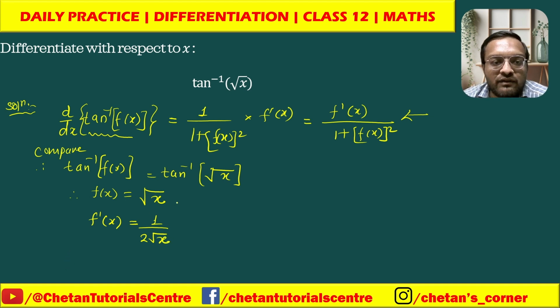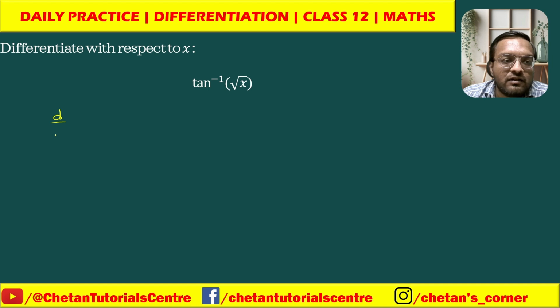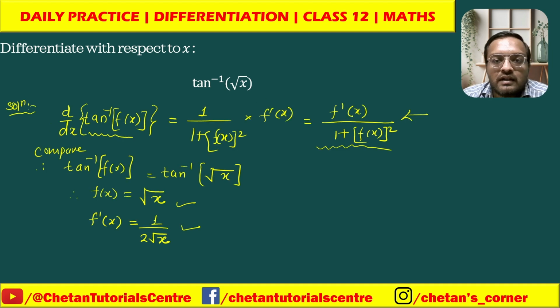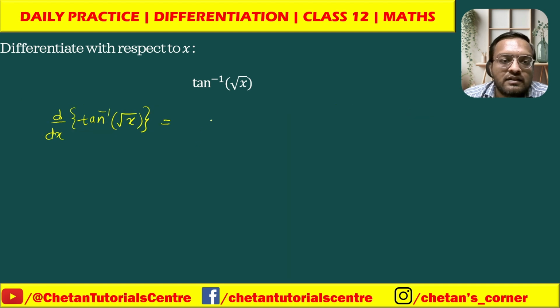Now I know the value of f of x and f dash of x. So I will put these values in the given formula. Then what will I get? Derivative of tan inverse of under root of x is equal to f dash of x. Here f dash of x is 1 upon 2 under root of x.